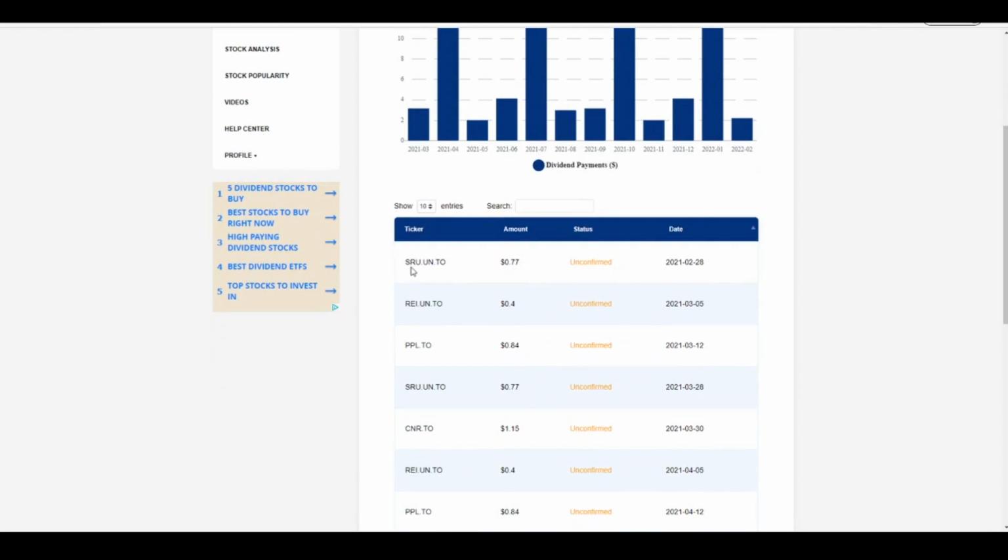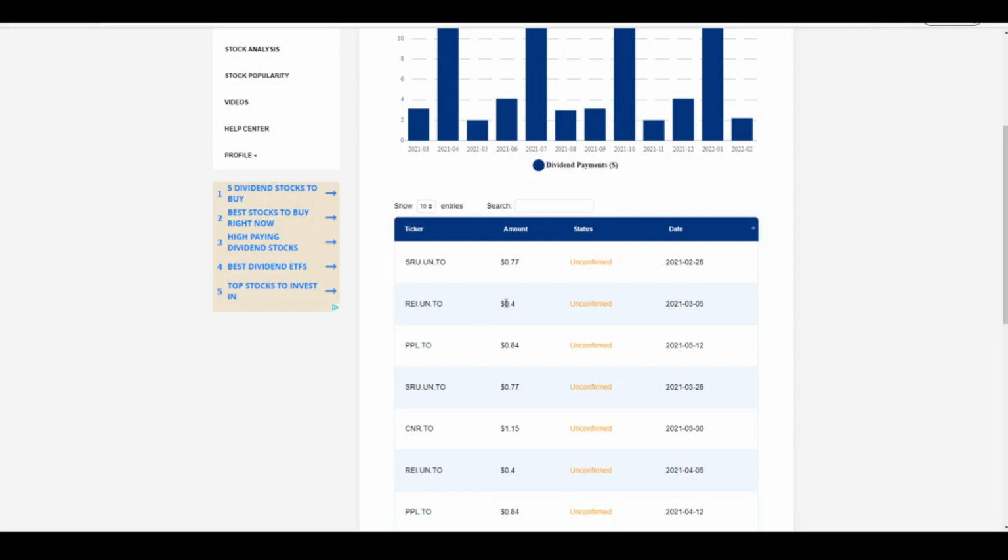Since I created the account in this dividend tracker only last week, it does not show the February one. But if you look at it, it shows that I would get a dividend from Smart Centres at the end of February. The RioCan one for February won't show up here. The dividend was paid in the beginning of the month.